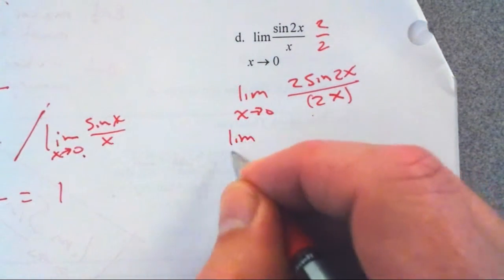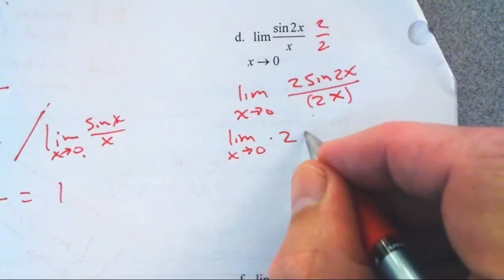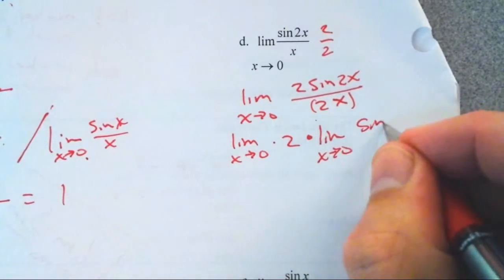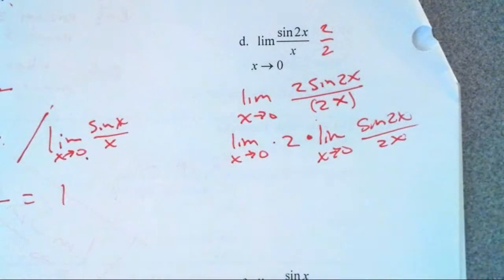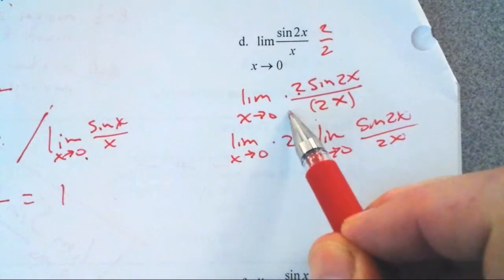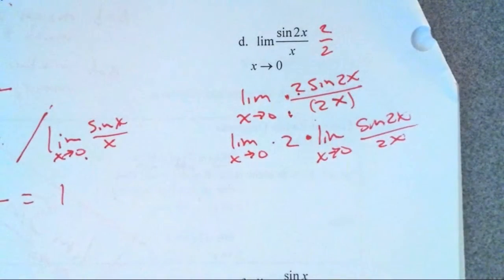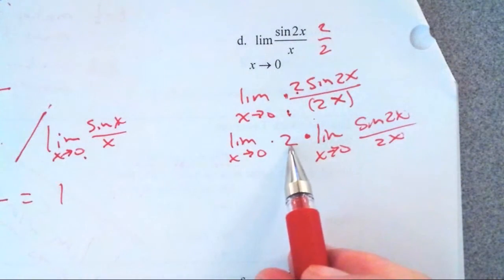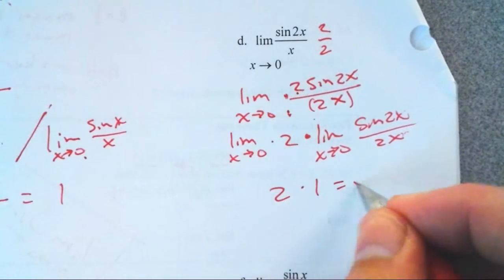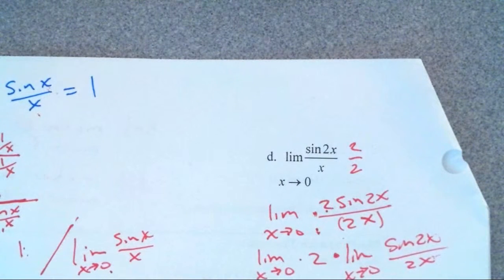So this is limit as x approaches 0 of 2 times limit as x approaches 0 of sine of 2x on 2x. Right? So this could just as easily be 2 over 1 in front. Could just be 2 over 1 times sine of 2x on 2x. What's the limit as x approaches 0 of 2? 2. What's the limit of this? 1.